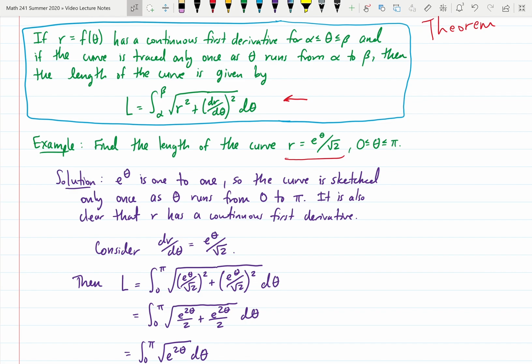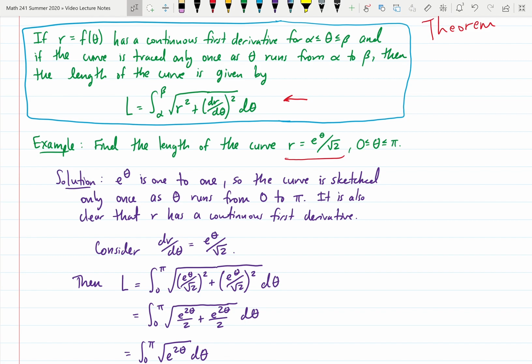So first off, note that e to the theta is a one-to-one function for all real theta. So the curve is definitely sketched only once, since every output corresponds with exactly one value of theta.